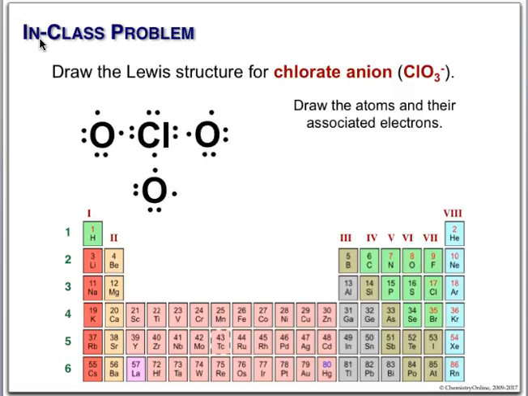This is just what we're starting with. 7 electrons around the chlorine, 6 electrons around the oxygens. Now we look at this and say, oh my goodness, this is silly. We know darn well we can't have 3 electrons in a bond, can we? Nor do we really want these lone electrons just standing out there by themselves.